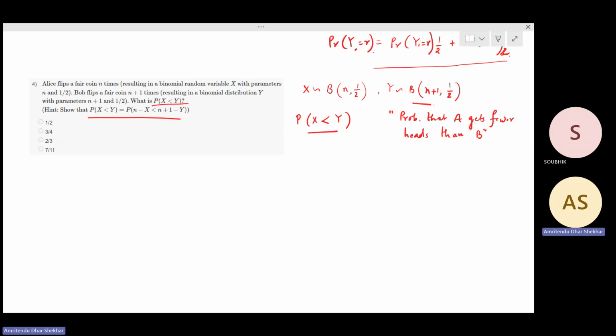In general, if you see a question of this kind where you have two random variables, sometimes I'll not directly solve the question but also give hints to solve a more general version of the problem. So let me write this more general question.